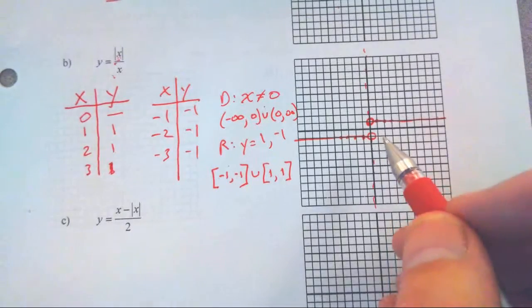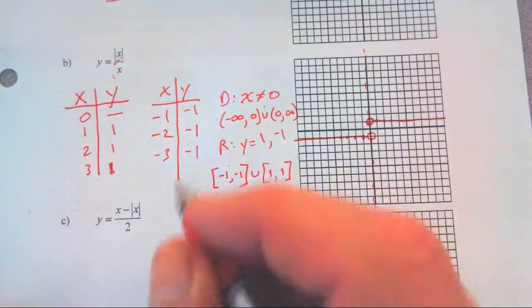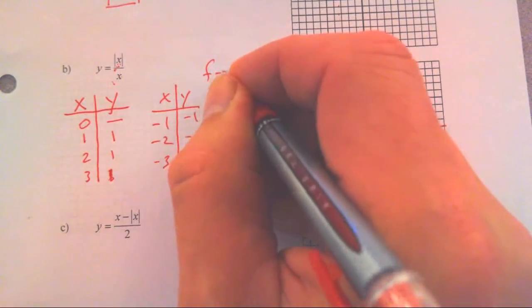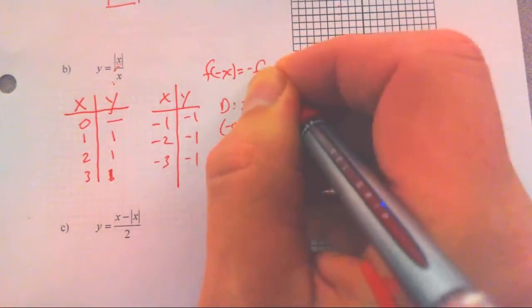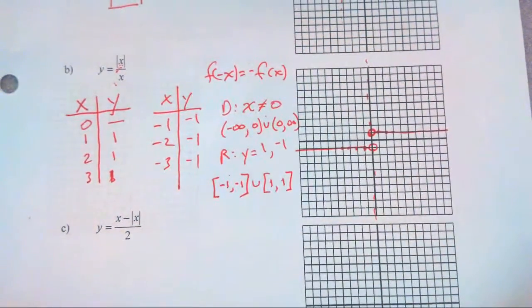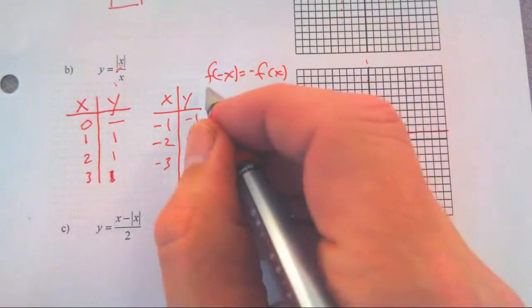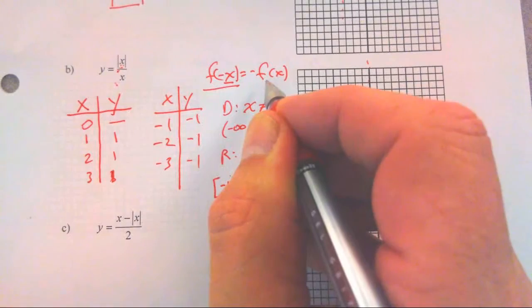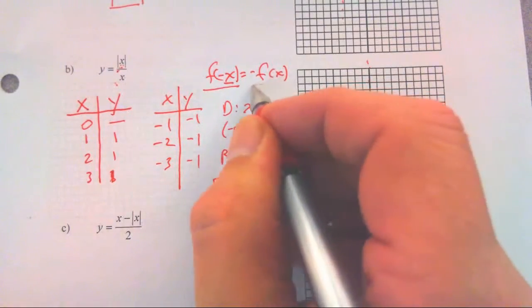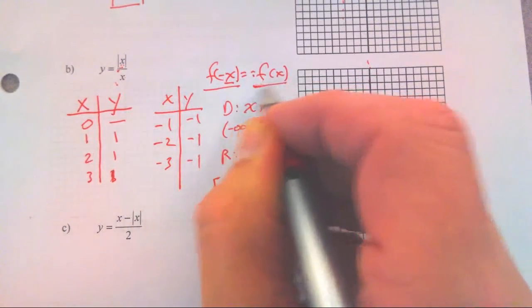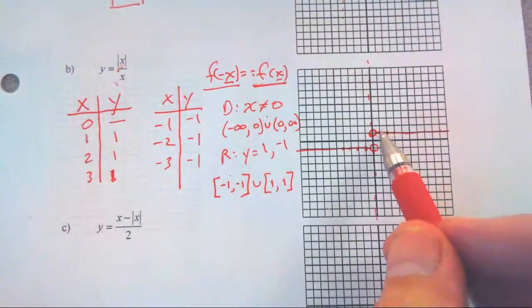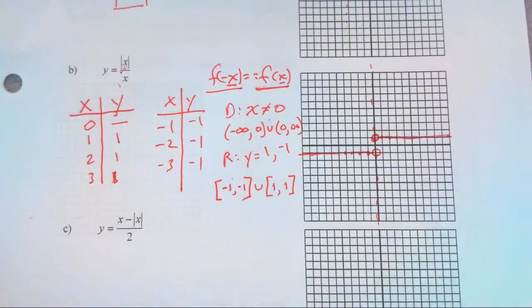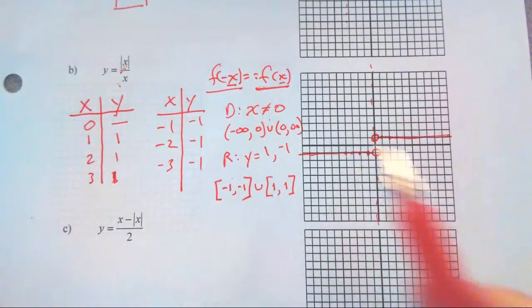Yeah. When we talked about odd functions, it said if f of negative x equals negative f of x, it's odd. What a horrible way to read that. If the height to the left is the opposite of the height to the right. Well, yeah, my height to the left is the opposite of my height to the right. But we can see it's symmetric.